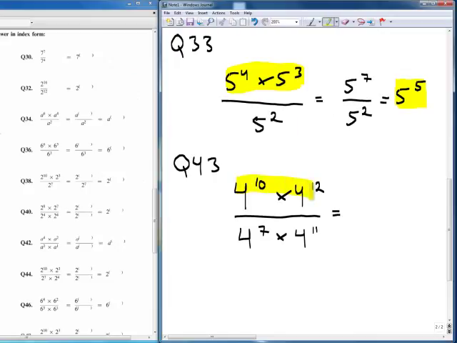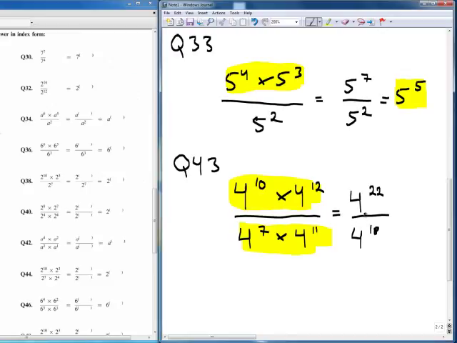So let's first simplify this and then simplify this. Here it's 10 plus 12, right? 4, 10 plus 12, 22. Here it's 7 plus 11, it's 18. So 4 index 18.